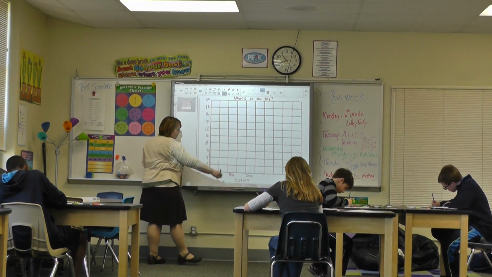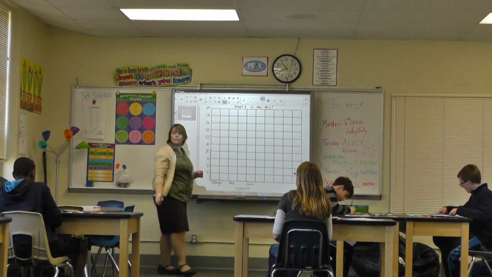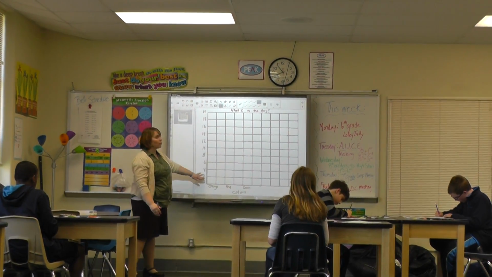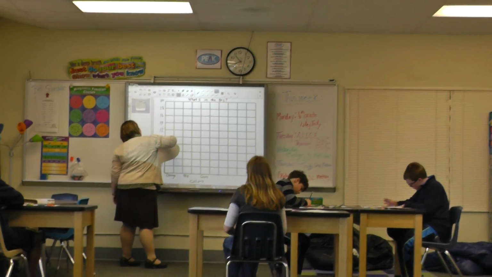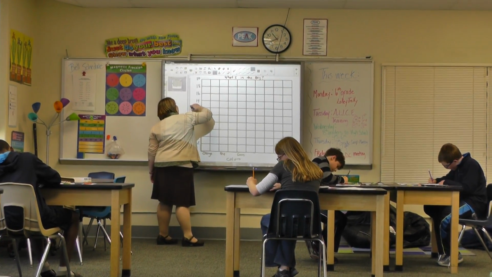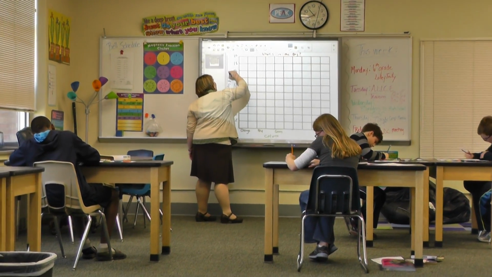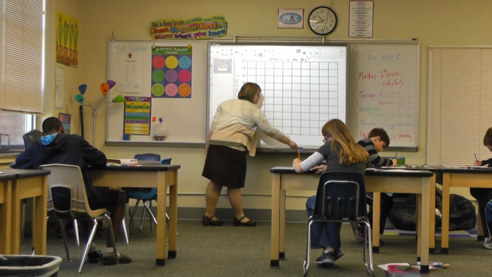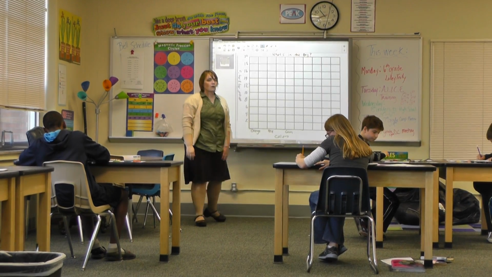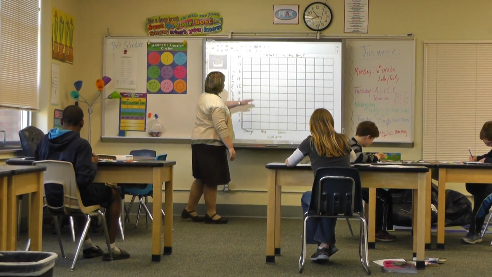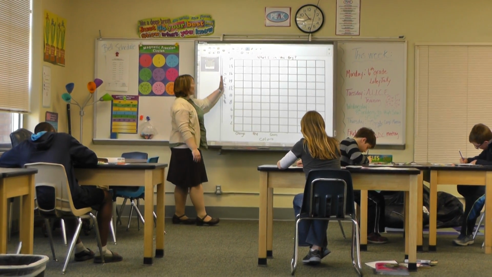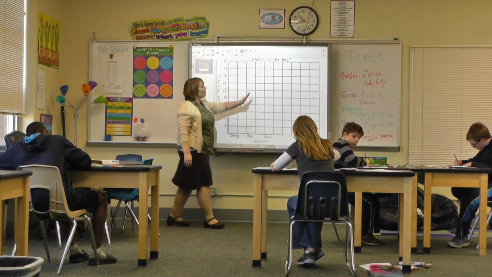And Damien, what is going to be our y-axis label? What are these numbers representing? Number of M&Ms. So we've got our x-axis label, our y-axis label, our scale, our title.